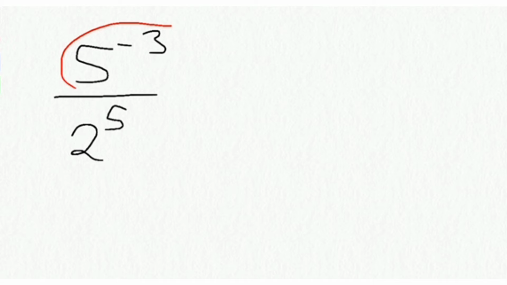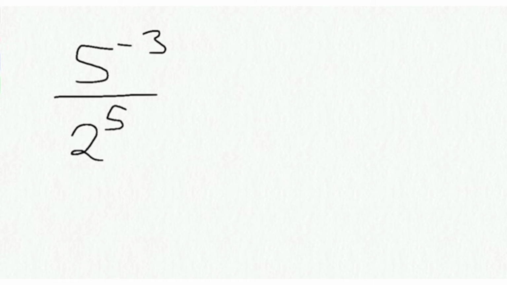Our numerator here is a negative index, and our denominator here is a positive index. If we do not want to write 5 to power a negative index, we can change it to a positive index, and that is only when we move it from the numerator down to the denominator.